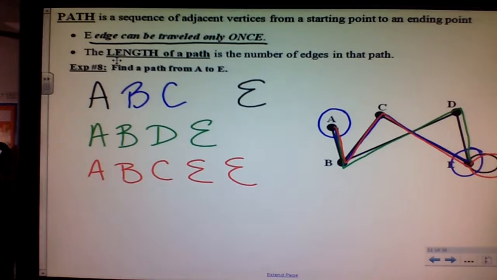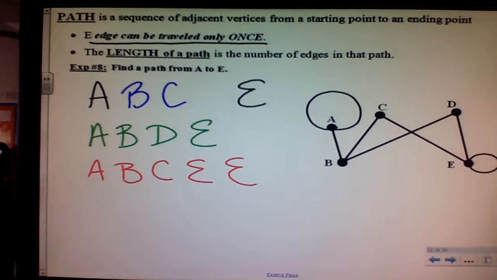So let's say A had a loop. I can do A to A, then down to B. I was using it as a reference. If A had a loop, you can go A to A, then to B, and then to D, to E, back to E. So you can go back to A as many times as you want, as long as you are taking a different line.